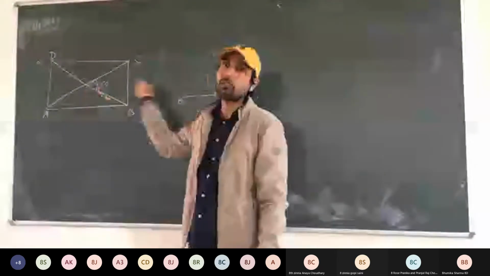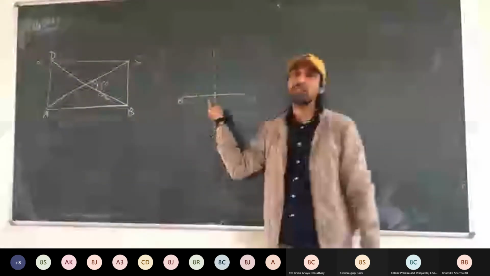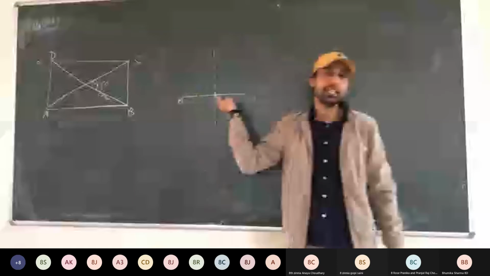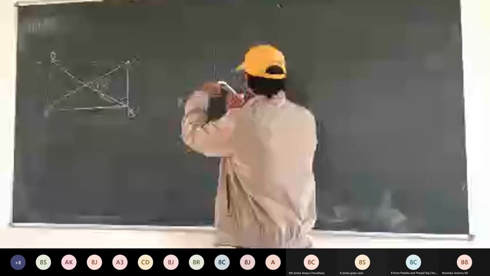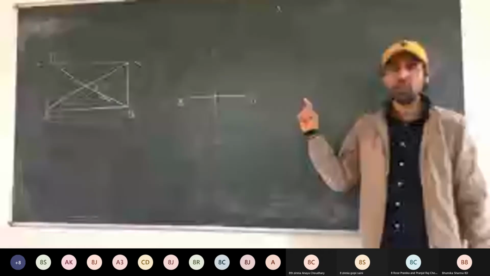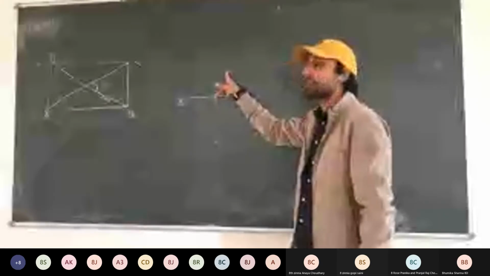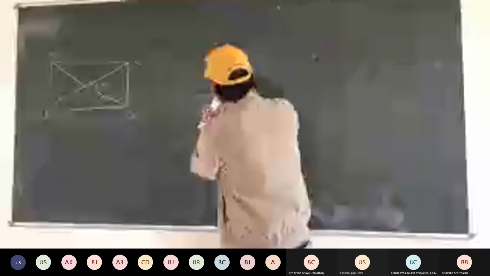So first draw an angle of 60 degrees at this midpoint. Now draw the line passing through the midpoint and this point. Use the scale.